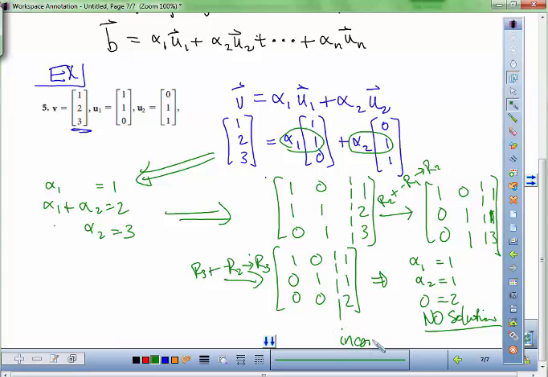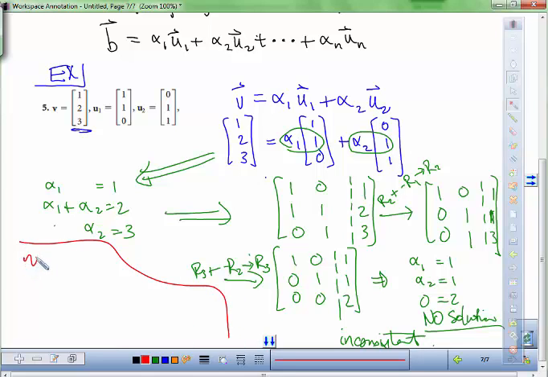Inconsistent. So if this is inconsistent, then we can't ever find alpha 1 and alpha 2 that would make this equal to 1, 2, 3. So our conclusion here is no solution for alpha 1 and alpha 2.